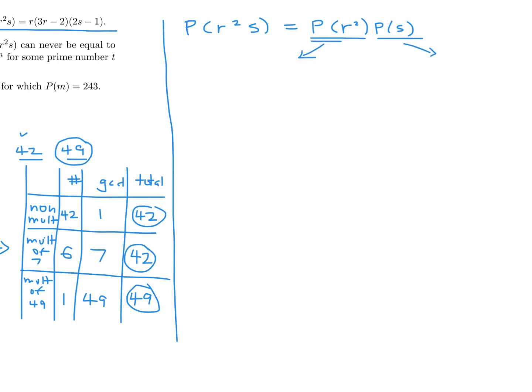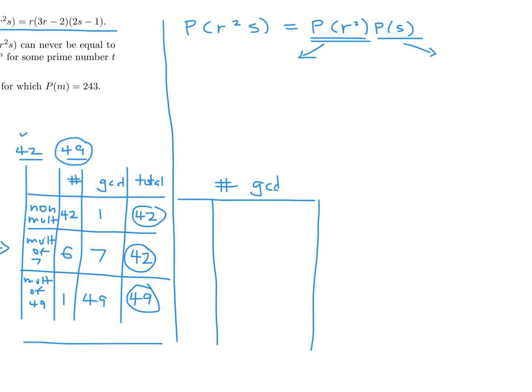Well, this guy right here we just did over here, but we did it with numbers. So I'll make a similar table here beside it for a comparison. So a number, a GCD, and total. Okay, so we have non-multiples, non-multiple, multiple of R, and multiple of R squared.